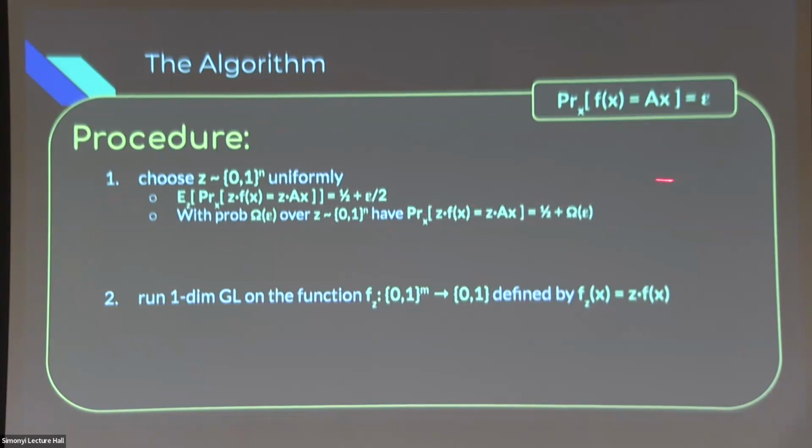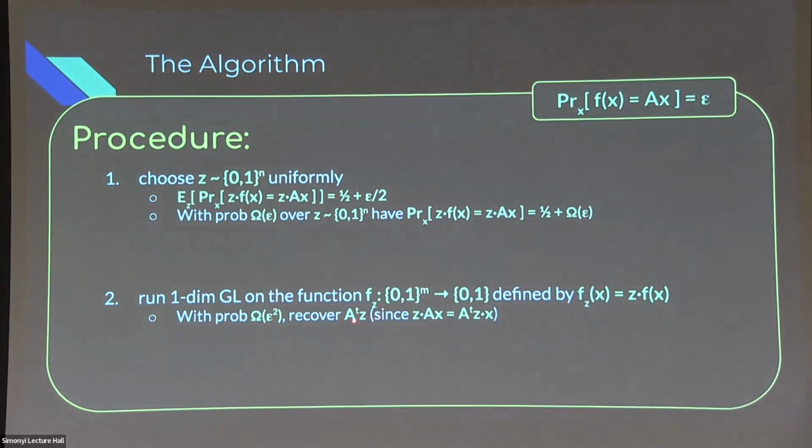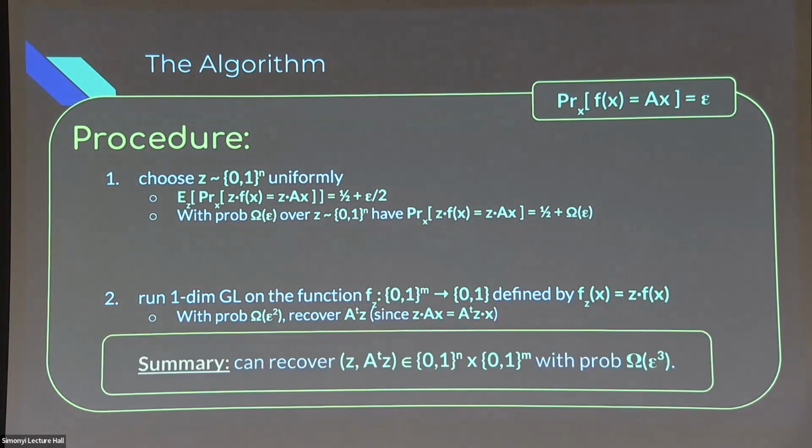Then if you have this agreement guarantee, when you run the Goldreich-Levin theorem here, you're going to recover A transpose times z. We're using the fact that z times A of x is equal to A transpose z times x. This is just linear algebra. To summarize, this procedure is going to recover one row, morally equivalent to one row, but it's a linear combination of the rows of A, with probability epsilon cubed, roughly.